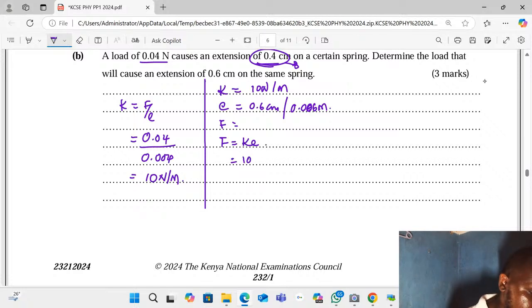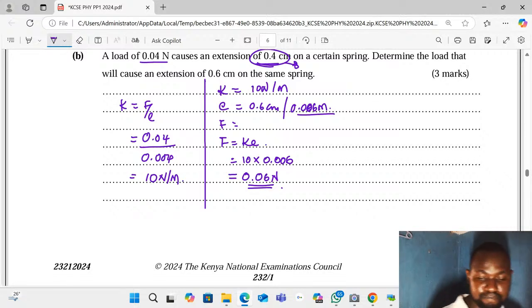Our spring constant is 10 times 0.006 meters. This will give us a force of 0.06 newtons. That manner.